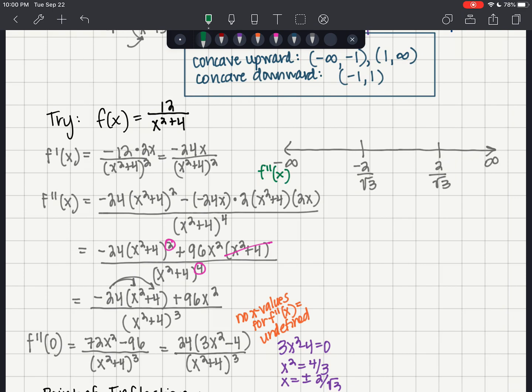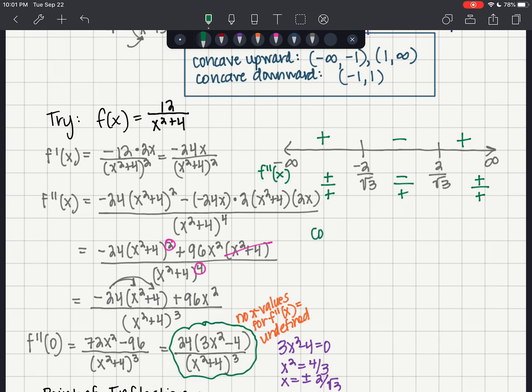So if I put a negative 10 in, I'm going to get a positive over a positive, giving me a positive. If I put 0 in, that's in the middle interval, I'm going to get a negative over a positive, that's negative. And if I put a positive 10 in, I'm going to get a positive over a positive, which is a positive. I'm putting my values into this second derivative right here, and I'm just looking at the signs.